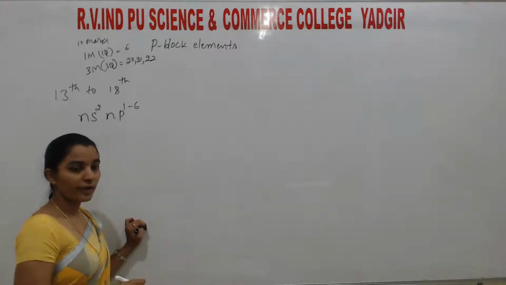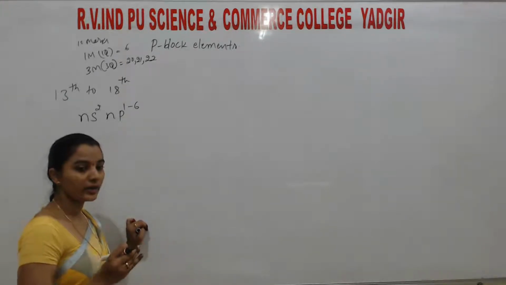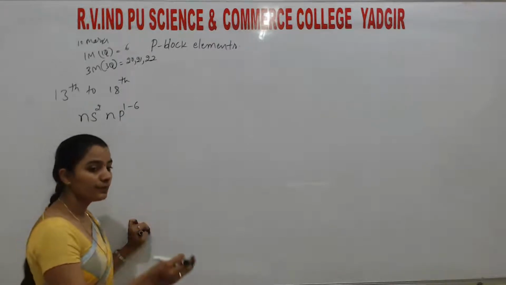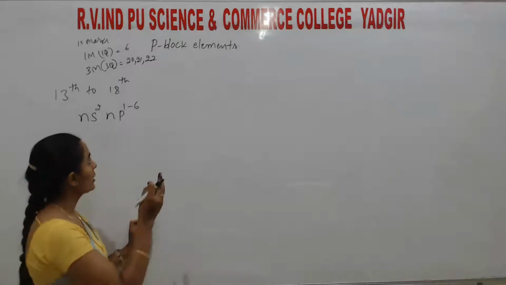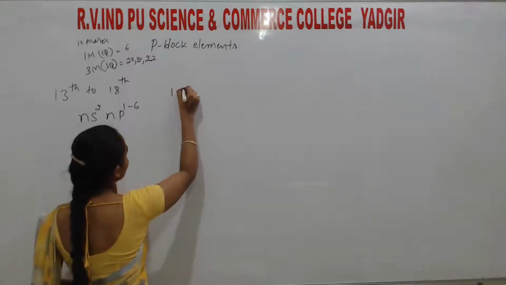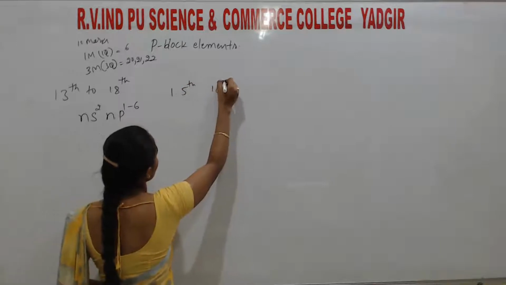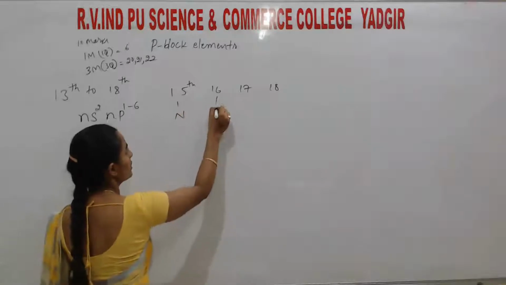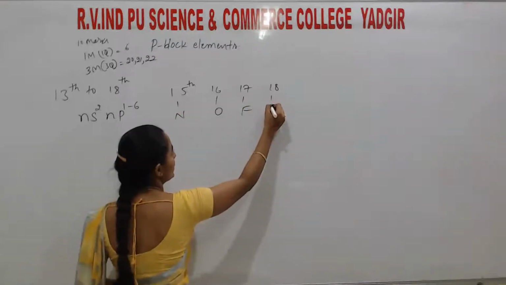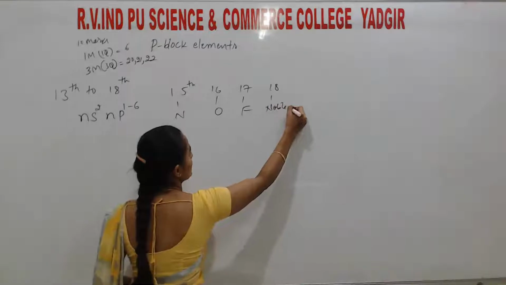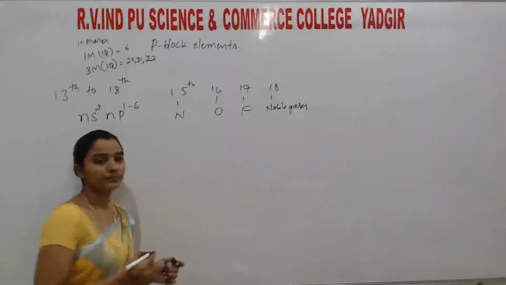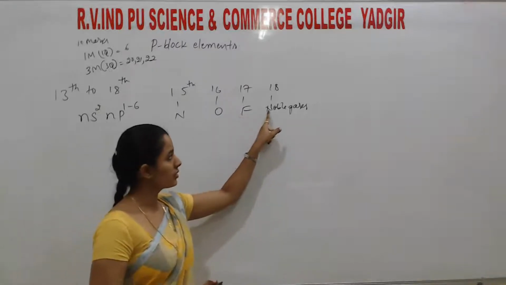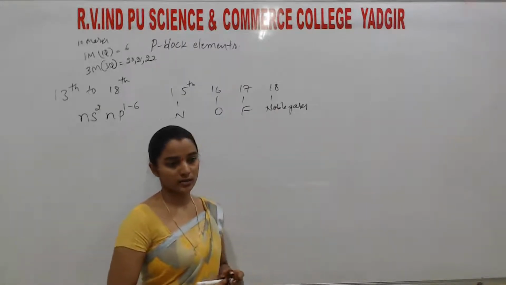In the first year, we already studied group 13, that is the boron family, and group 14, that is the carbon family. In the second PUC, you are going to study group 15, 16, 17 and 18. This is the nitrogen family, oxygen family, fluorine family and the noble gases: pictogens, chalcogens, halogens as well as noble gases.